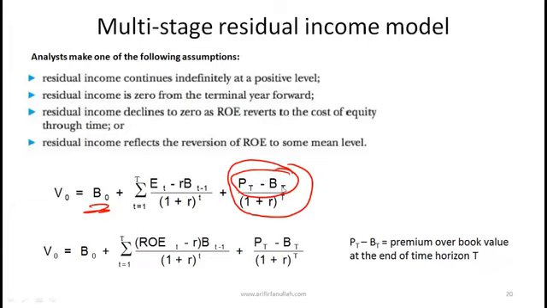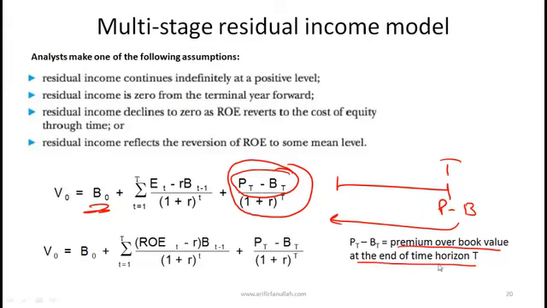So you take the P minus B at that time and discount it back. Okay, this is effectively like the terminal value. The interpretation is that this P_T minus B_T is called the premium over book value at the end of our time horizon, which is time t.